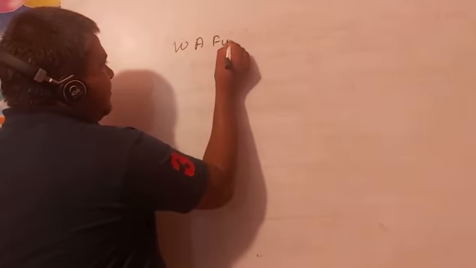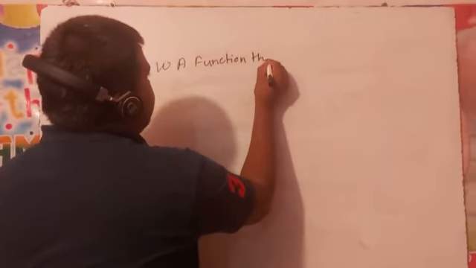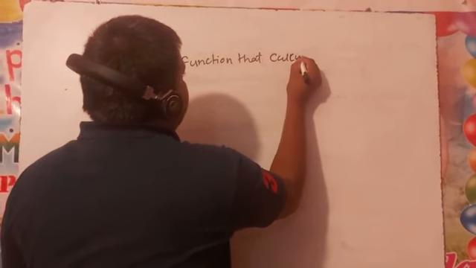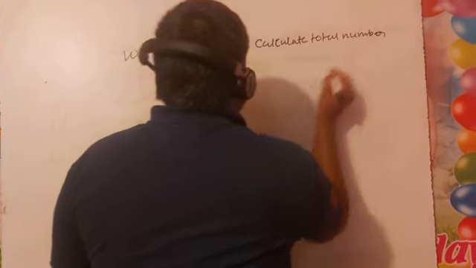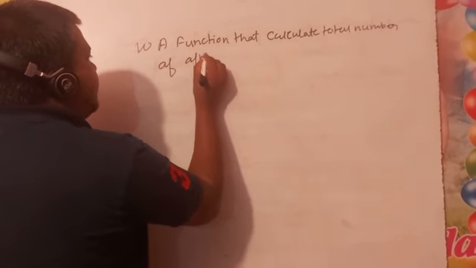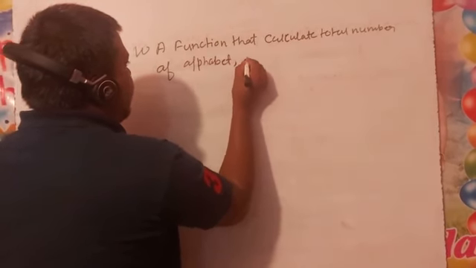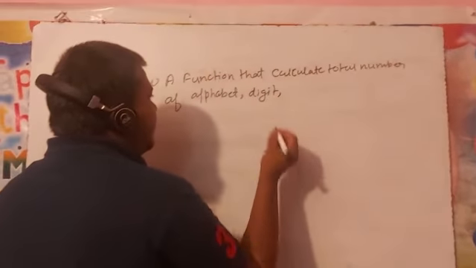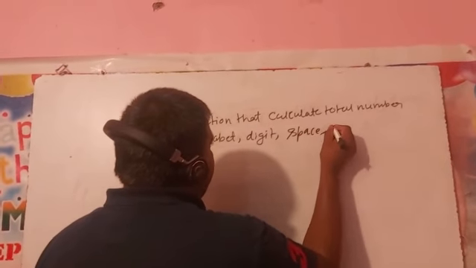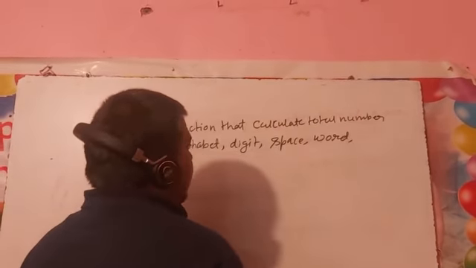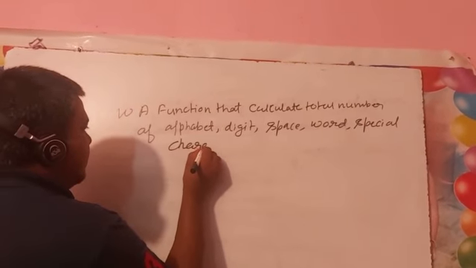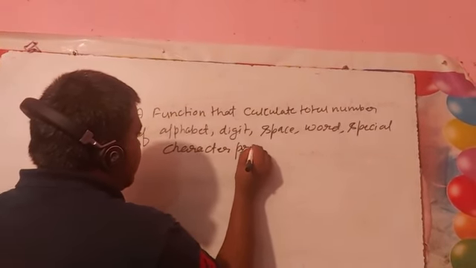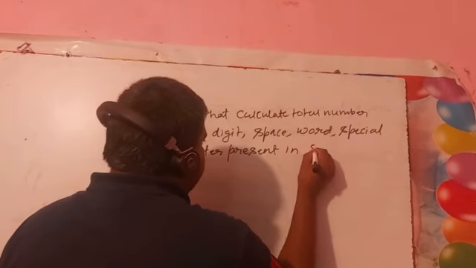So suppose it is given: write a function that calculates the total number of alphabets, digits, spaces, words, and special characters present in a sentence.